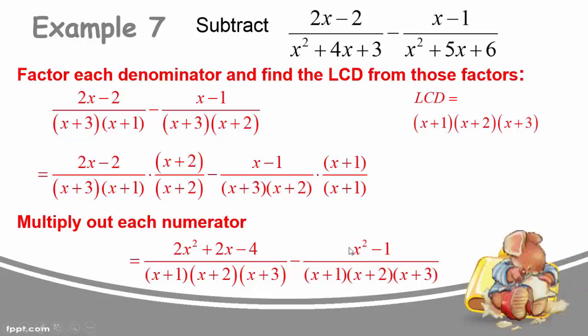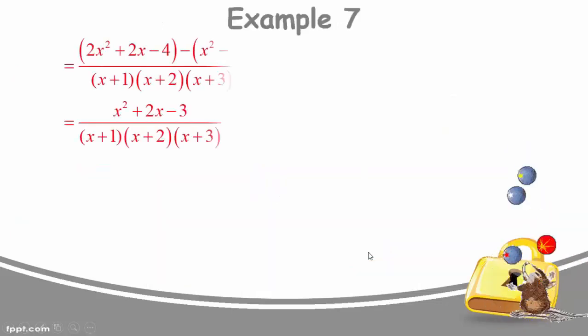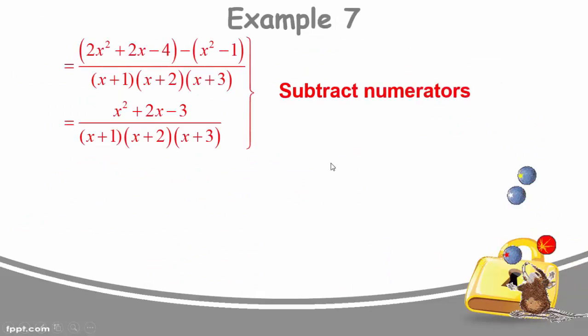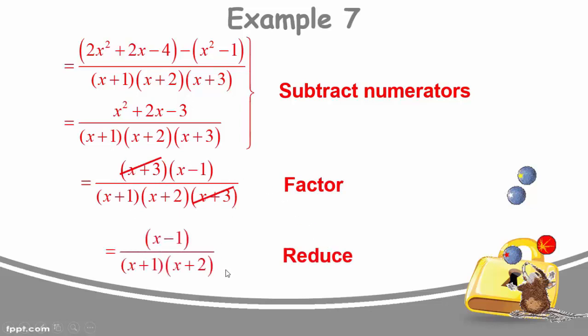Now I have the two terms in the numerator that I can combine. I subtract them and factor and find that I can factor out these two, and then I reduce accordingly, and I get the same answer, but written much neater than I did on the whiteboard.